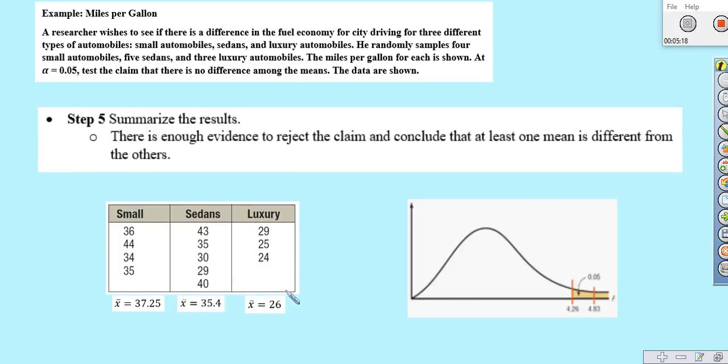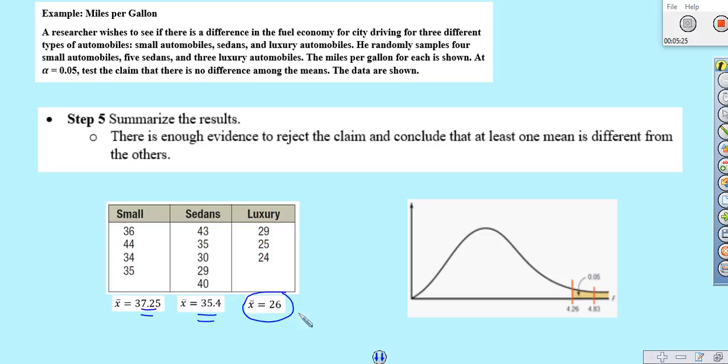If we look at the actual means, we see that the luxury cars is 26, which is quite different than the 35 and the 37 that we saw on the other two cars. So the idea here is that we can compare many data sets that are all the same type of information, but we can compare them across a broader spectrum.